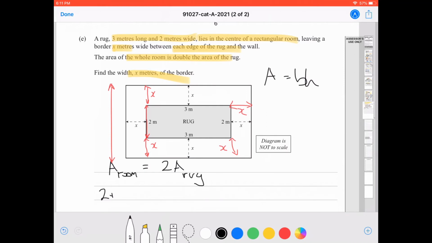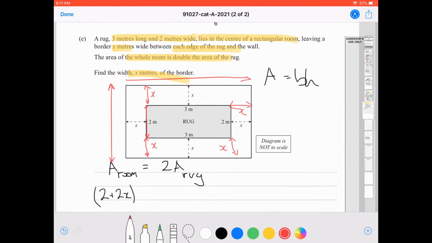Now the length, it is this whole length, and this is 3 along here. Once again, you've got x and x. Therefore, the length of the whole room is 3 plus 2x.